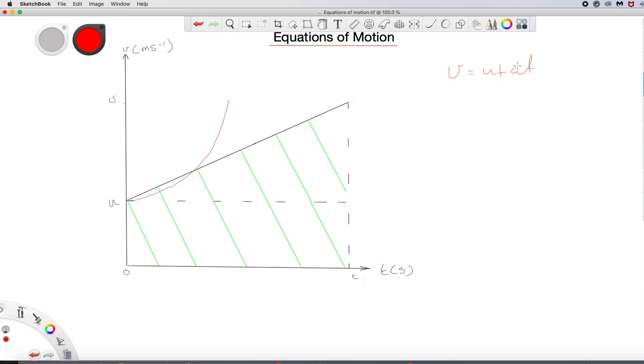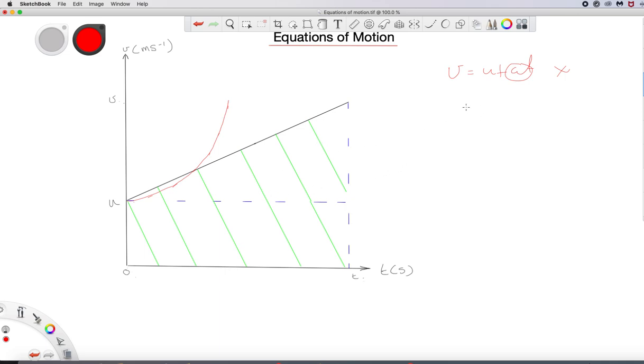It does, but because this isn't constant, we can't work this out. We would have to say that we had an infinite number of tangents to this curve for us to work out the acceleration at each point. And that's not a workable proposition for us.